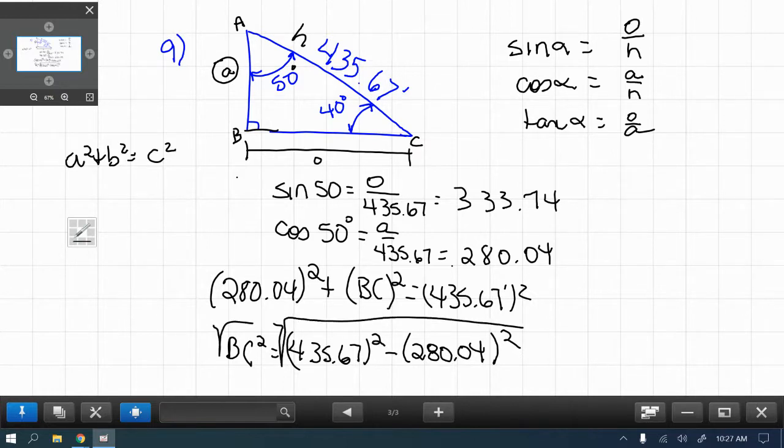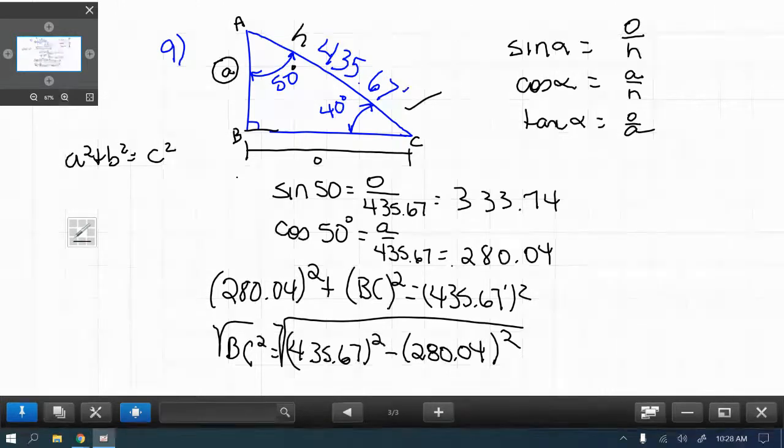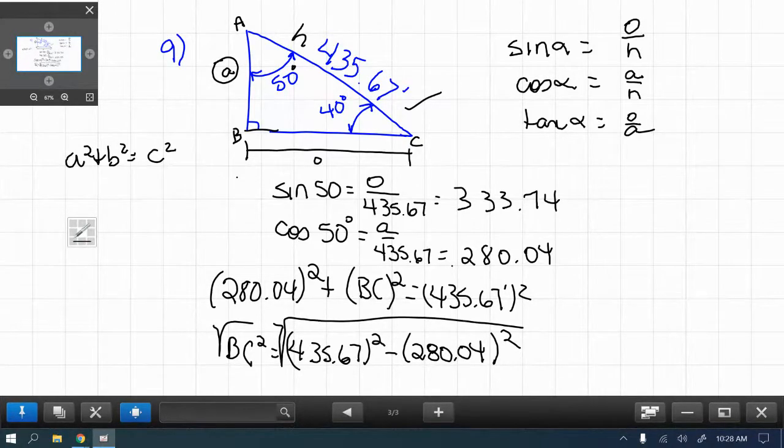So my other suggestion would be, once I got these two, I would put them in the a squared plus b squared equals c squared and see if I get this. And then that's like a check to where I know that I got the right answer. The two that I solved for, I could put them back in.